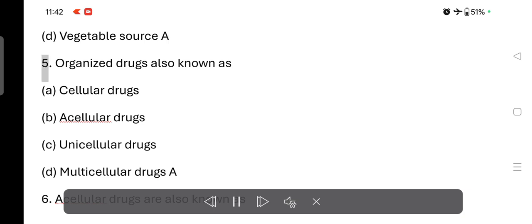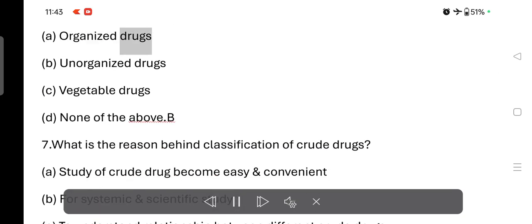Answer: A. 5. Organized drugs also known as A. Cellular drugs. B. Acellular drugs. C. Unicellular drugs. D. Multicellular drugs. Answer: A. 6. Acellular drugs are also known as A. Organized drugs. B. Unorganized drugs.